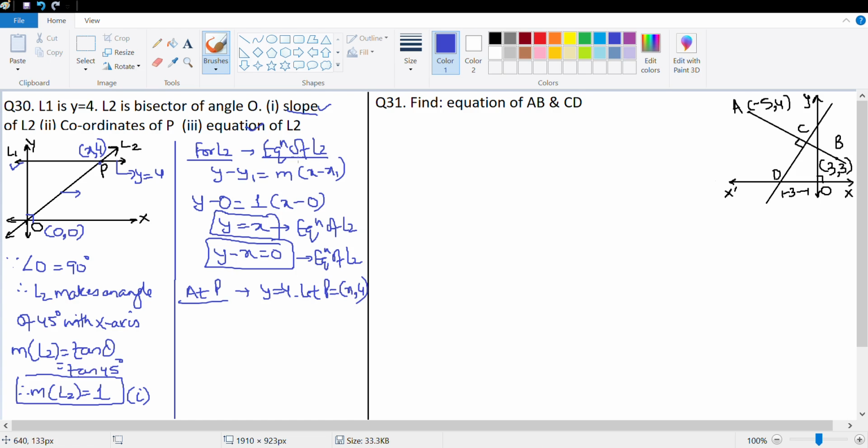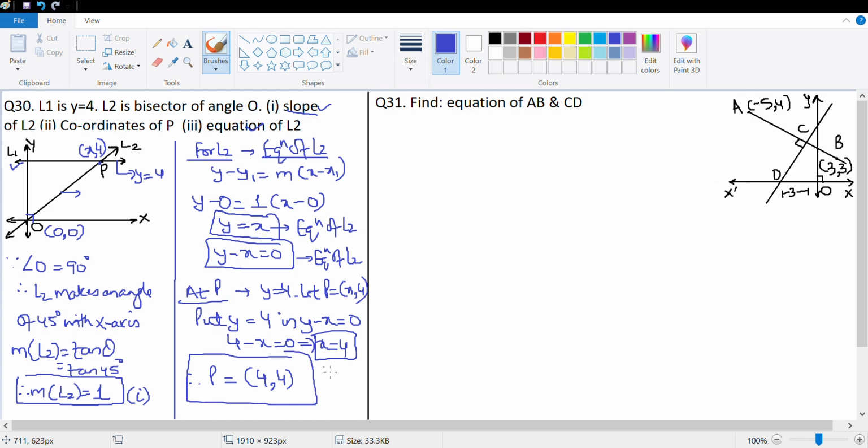Since it lies on the line y is equal to x, put y is equal to 4 in y minus x is equal to 0, which means 4 minus x is equal to 0, which means x is equal to 4. So therefore coordinates of P are x comma 4, which means 4 comma 4.